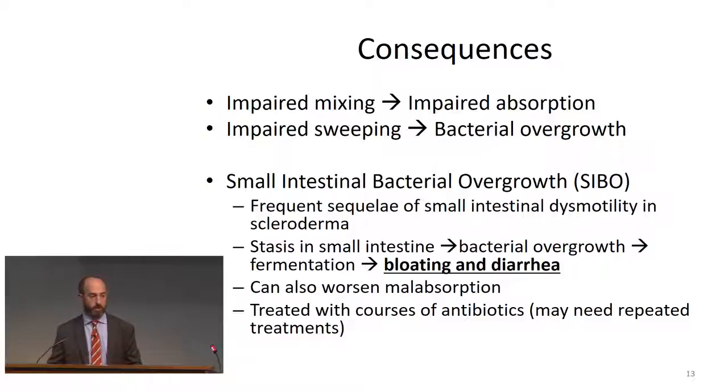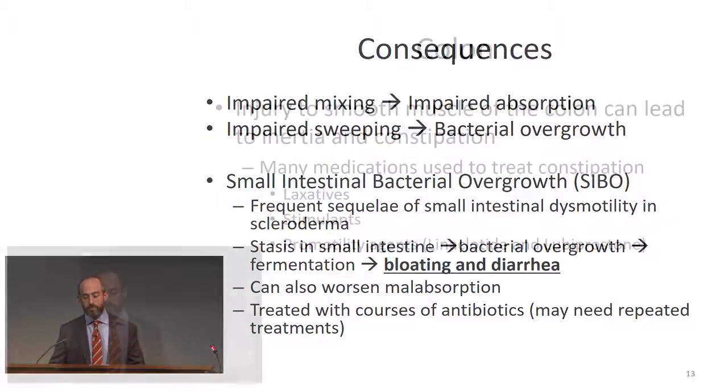We treat small intestinal bacterial overgrowth because we can't treat the muscle scarring in scleroderma. We need to treat the sequelae. So we treat the symptoms and the likely component of bacterial overgrowth, and we do so by using courses of antibiotics that may need to be repeated because, as I've just said, we can't treat the underlying scarring, so we treat the bacterial overgrowth that results.